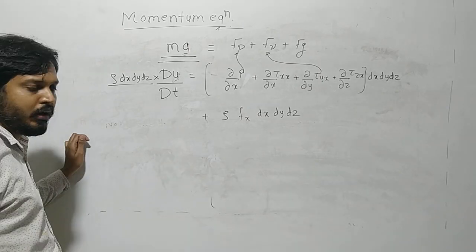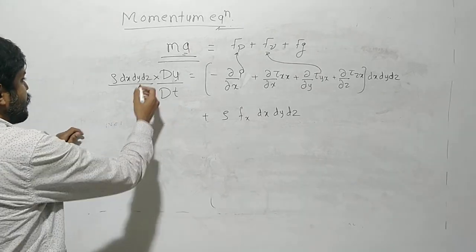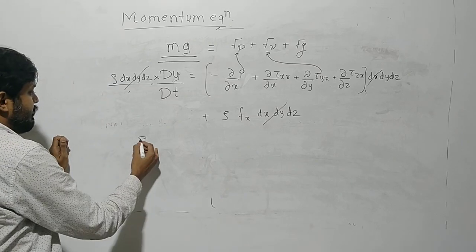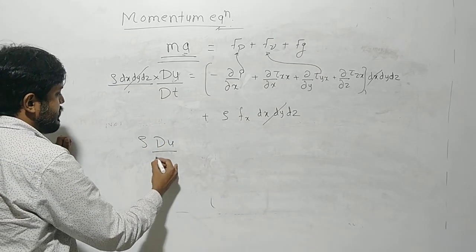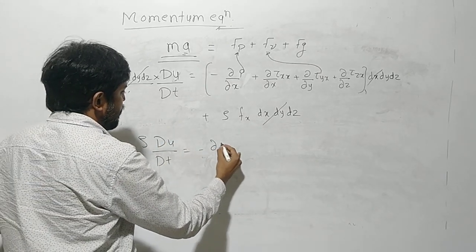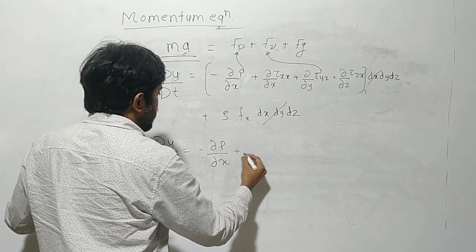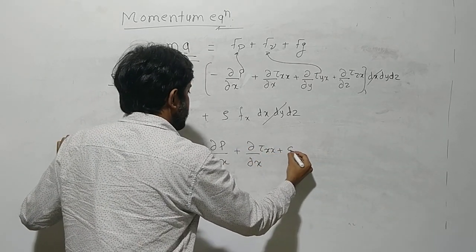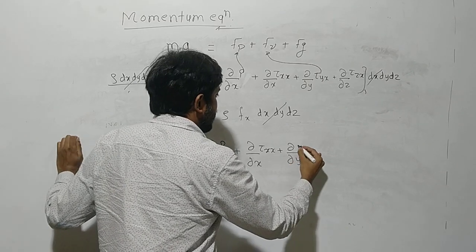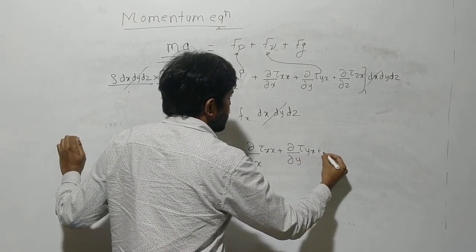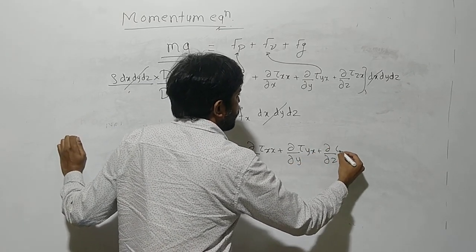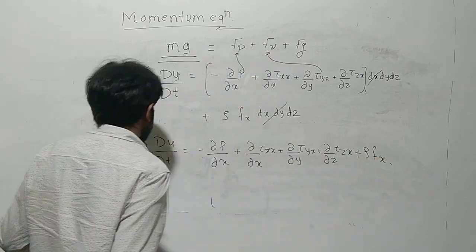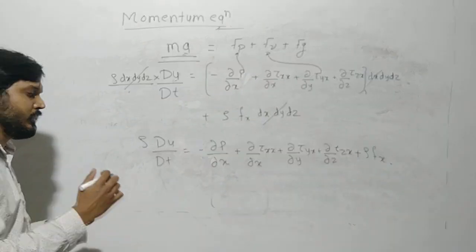This is nothing but your inertia. So dx dy dz on both sides, this complete term will cancel out. Du by dt equals minus del p by del x plus del by del x of tau xx, plus del by del y of tau yx plus del by del z of tau zx plus rho f of x. This is your Navier-Stokes equation for the x direction.